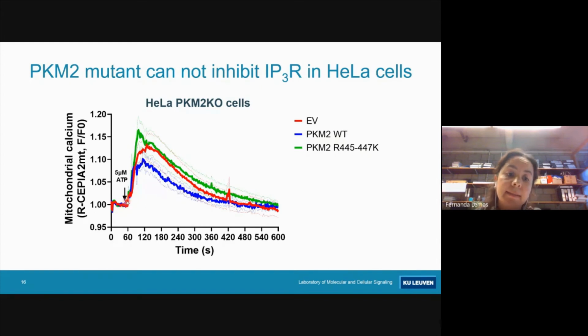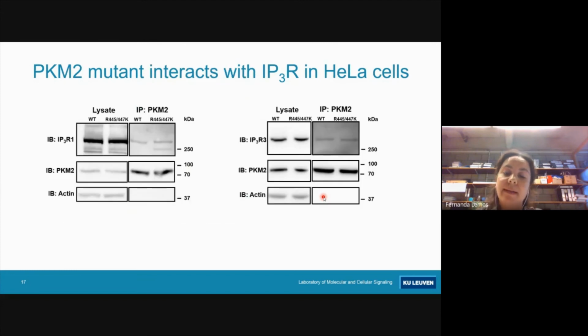On the other hand, when we reconstituted with the non-methylated version of PKM2, we could not see this inhibitory effect on the IP3 receptor. And another surprise is that this mutant can still interact with isoform 1 and isoform 3 of the IP3 receptor.